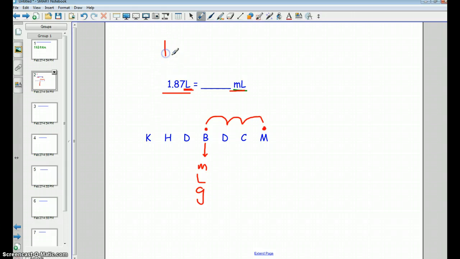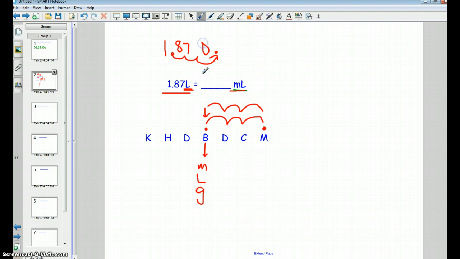So I'm going to take my 1.87 and I'm going to make it 1,000 times larger. Now notice that I started here and I moved 3 places to the right. I'm going to do the same thing with my decimal since this is a base 10 system. I'm going to move my decimal 3 places to the right in order to multiply by 1,000. So my new decimal point drops in here.